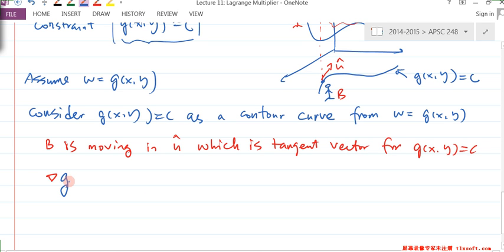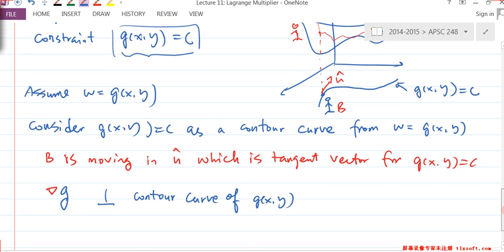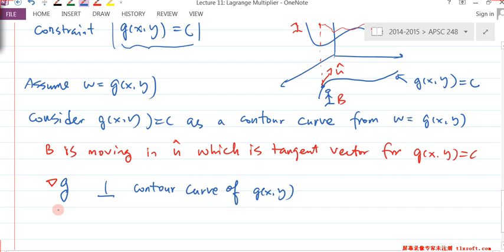What is the relationship between this del g and the contour curve of g of x, y? Perpendicular. So I have a second one here from that lecture: this is perpendicular to the contour curve. Equivalently, we can say that this del g is perpendicular to what?